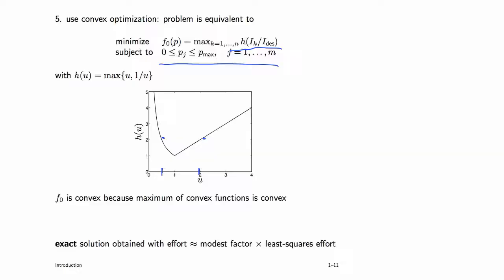By the 8th week of the class, you could roll your own, write your own solver for it and stuff like that. Oh, and by the way, the computational complexity is a modest factor times least squares, right? So like 20, maybe 10. So what that tells you is if you twiddle around with the weights more than 10 times, then it would be faster just to solve it exactly. That's what it comes down to.